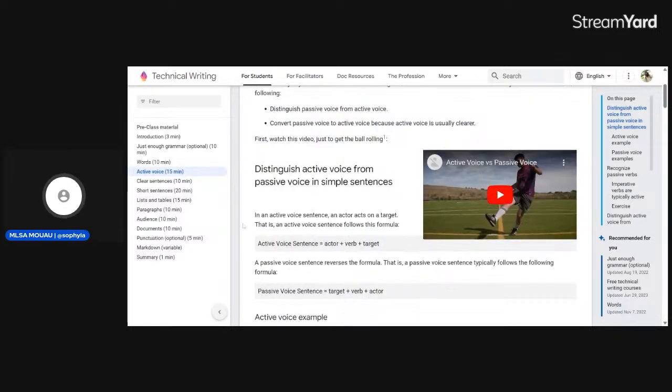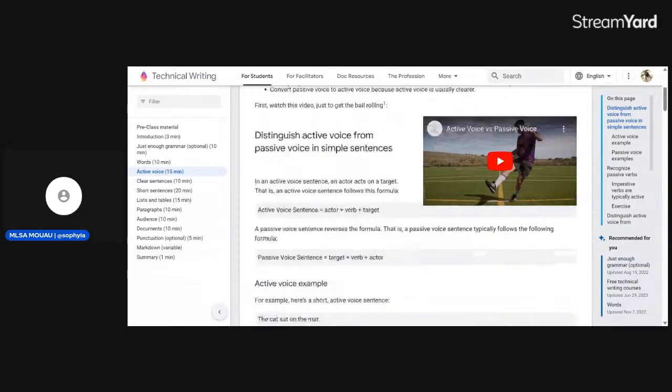So here it says that in an active voice sentence, an actor, that's the person that is performing the action, acts on a target. Then a passive voice sentence reverses the formula.